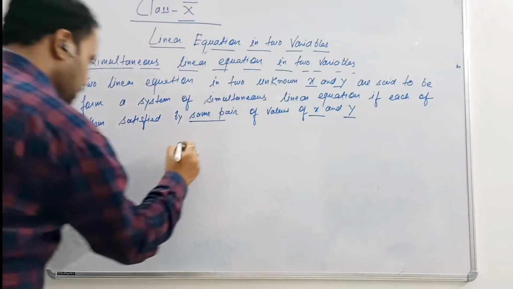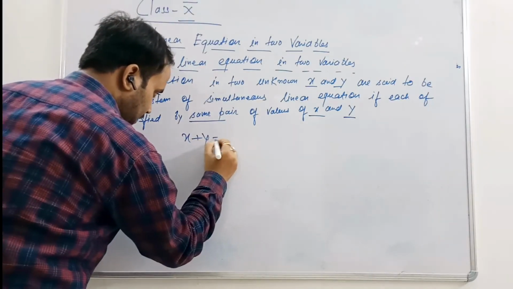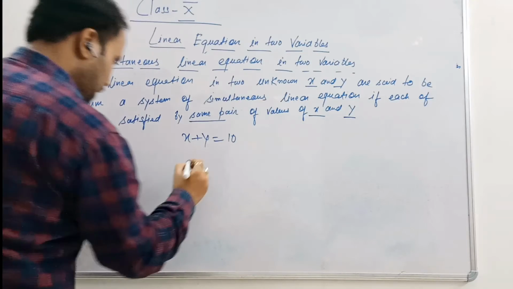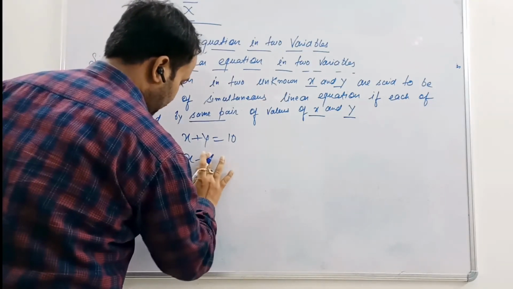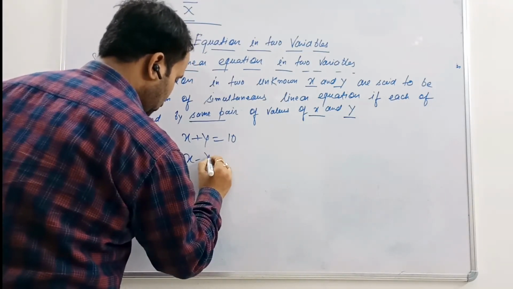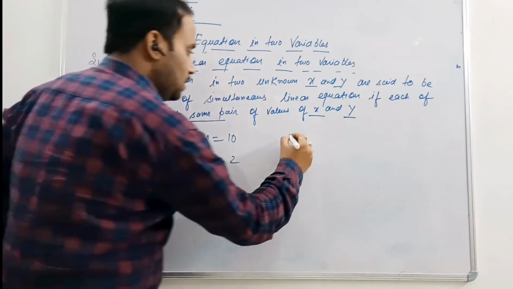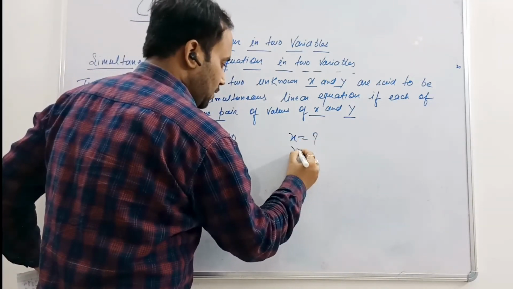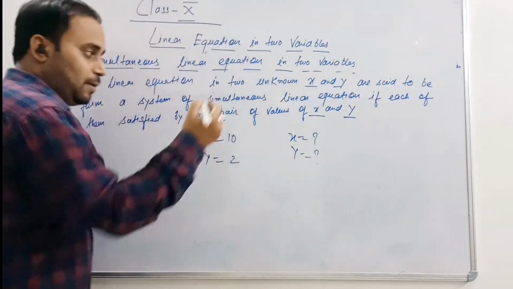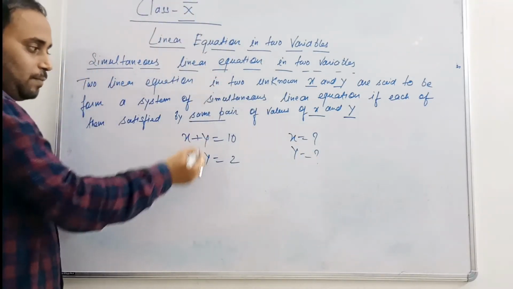Suppose you take x plus y equals 10 and x minus y equals 2. If we solve both equations, we get one value of x and one value of y, and both values satisfy both equations.